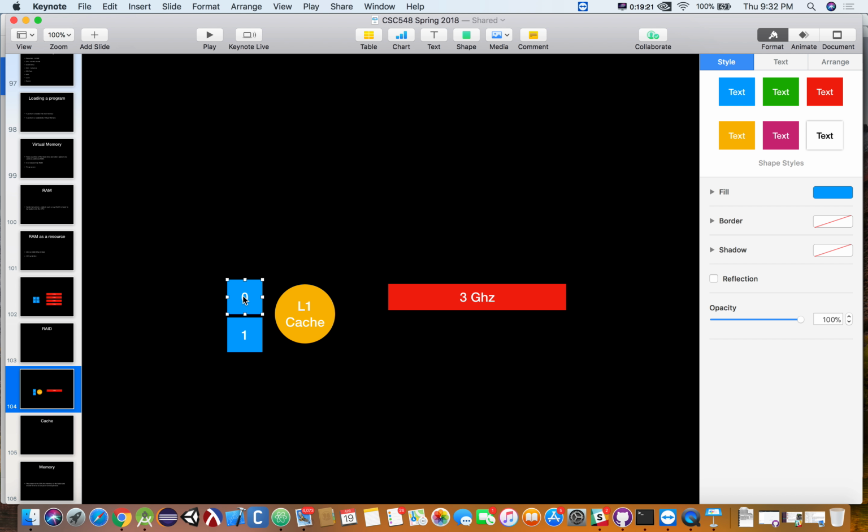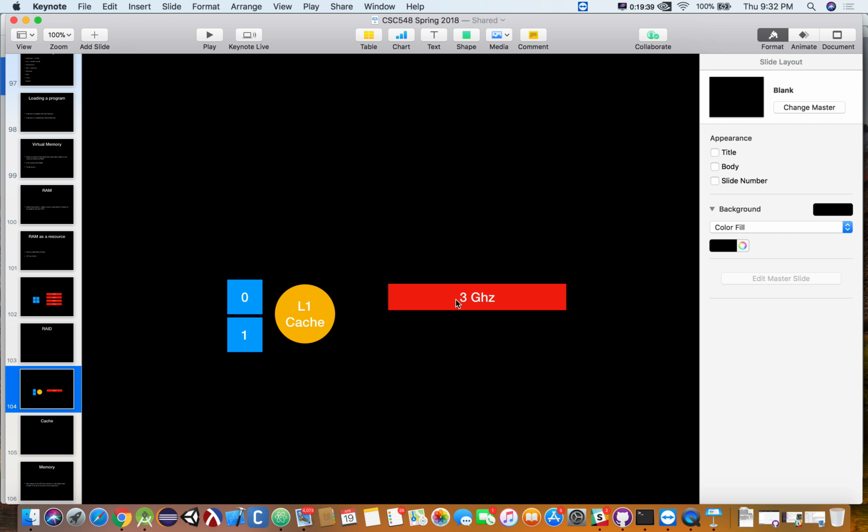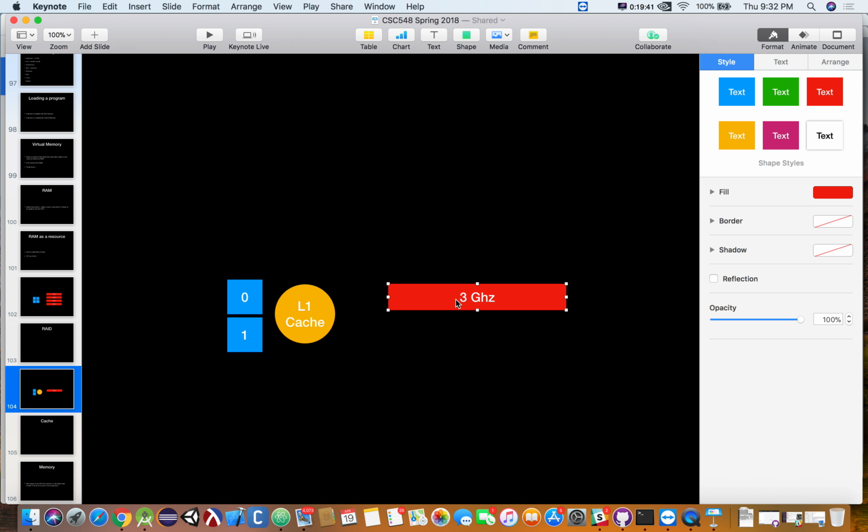Is the thing that this guy needs from memory currently here, or is it here? Does that make sense? So this guy can only hold a fraction of what's here. If we keep these numbers simple, let's say this can hold 500 things and this can hold 5 things. The ratio is probably not correct, but let's just say that's what it is.